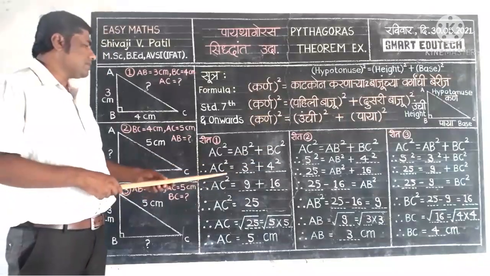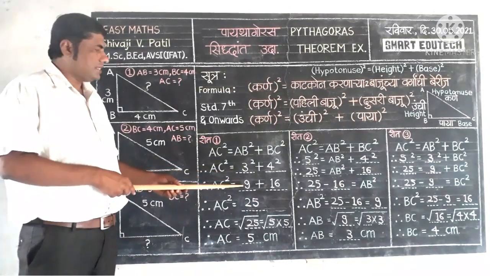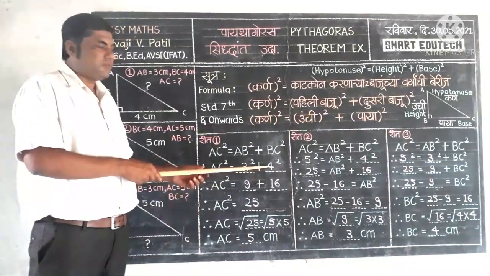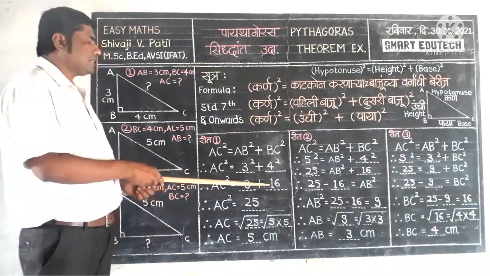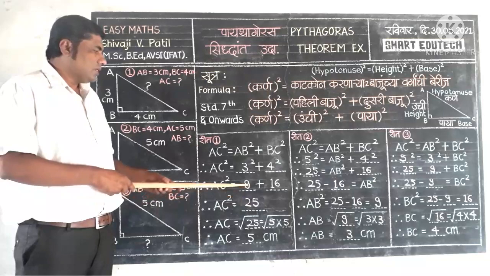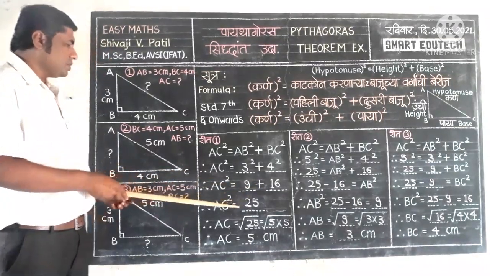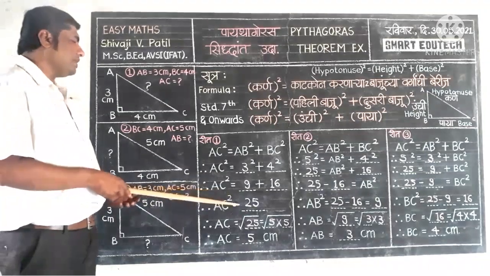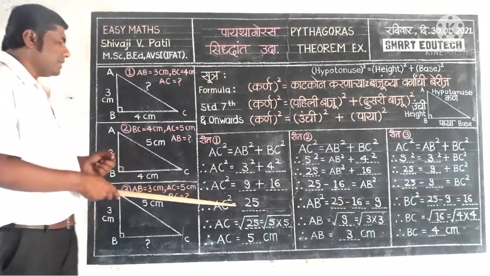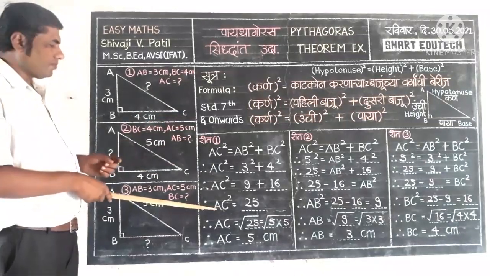Therefore, AC square is equal to, the square of 3 is 3 3s are 9, plus the square of 4 is 4 4s are 16. Therefore, AC square is equal to 9 plus 16, we get 25. AC square value we get 25, but we have to find the value of AC, not AC square.